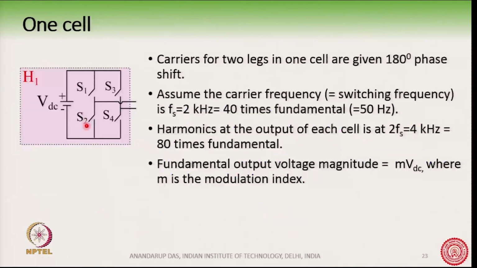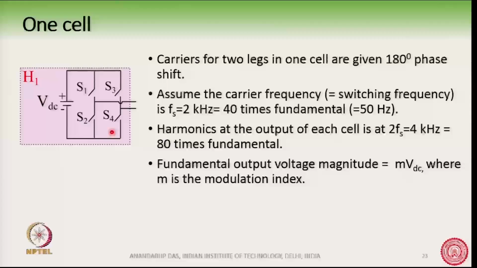S1 and S2 are complementary, S3 and S4 are complementary. If we do not do that, then we are going to short the DC bus. Now, assume the carrier frequency is equal to 2 kilohertz, and if the fundamental frequency is taken as 50 hertz, fundamental frequency means fundamental voltage frequency which needs to be produced from the output of the converter.